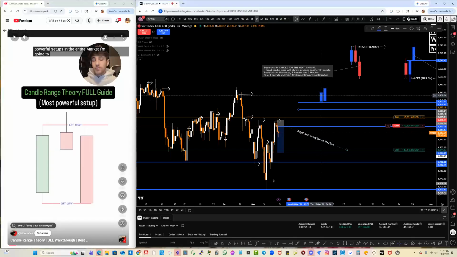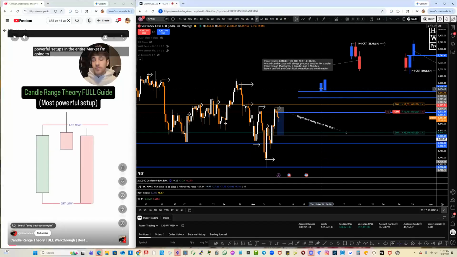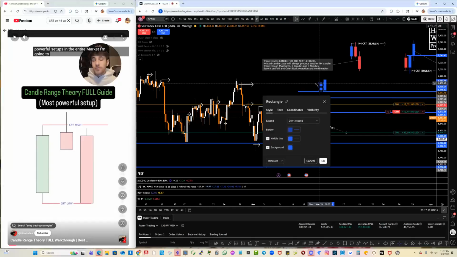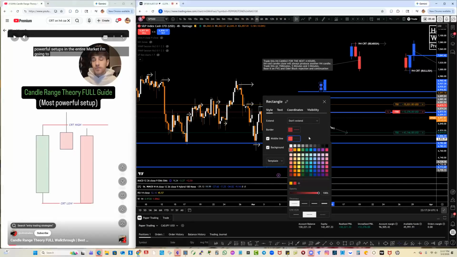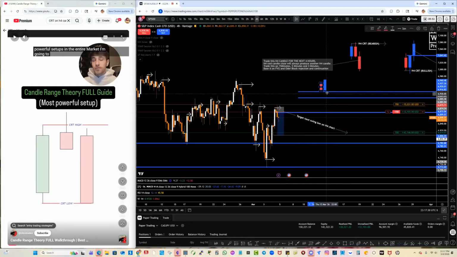Let me change this to red. So say this place is rejected. For example, let me clone this. Let's say this place has been rejected like this, and this is our fair value gap.